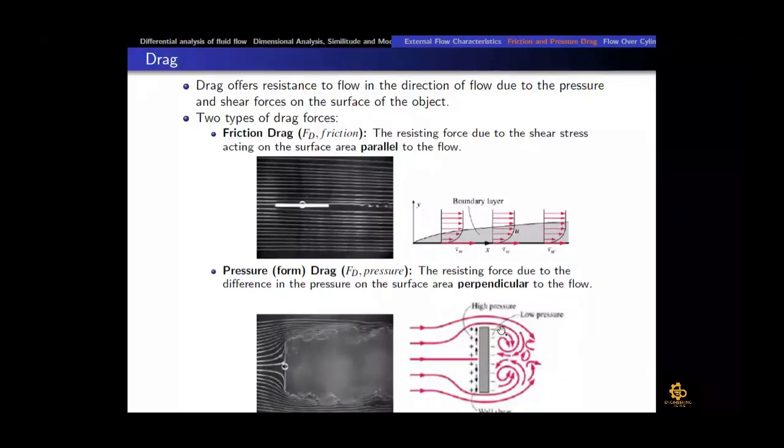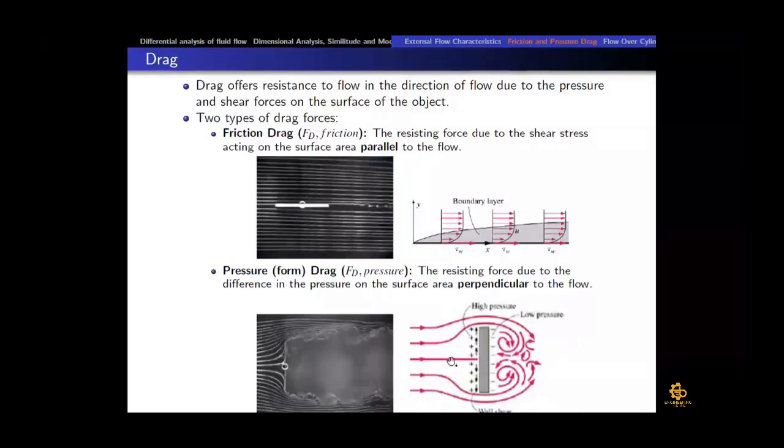So on the front side we have stagnation points, a high pressure region, and a low pressure region due to flow separation. This difference in pressure gives rise to a net force acting in the positive x direction. That is the force exerted by the fluid on this body, right? So that is the drag. That is the force acting on this body, and an equal force would be applied by this object on the floor.